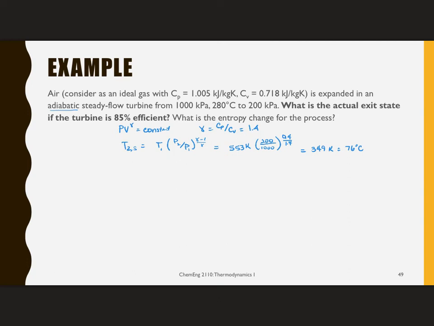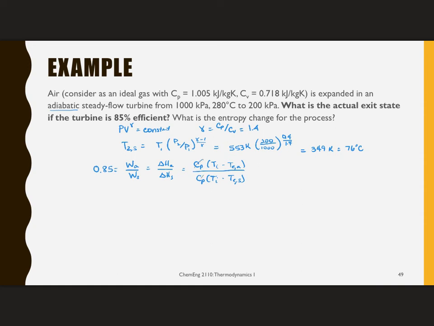Now, what we know is that the efficiency is 0.85. That is the actual work divided by the ideal work, which is delta H for the actual over delta H for the ideal. In this case, if C sub P is constant, this is just C sub P times Ti minus Te actual over C sub P times Ti minus Te ideal.